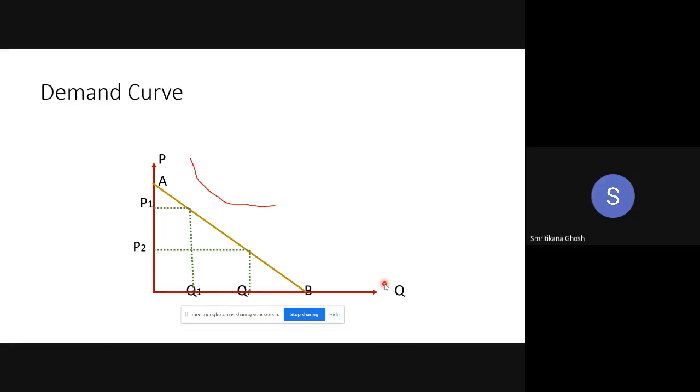Look, there are some commodities where there is no law of demand. This is called the violation of the law of demand. Can you give some examples of the violation of the law of demand? Highly necessary products, for example medicine. When the price is higher but the demand is not falling as rapidly.